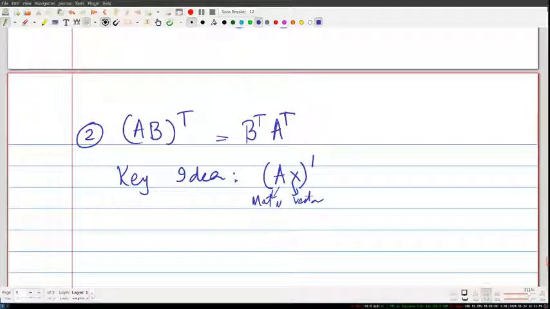Then the transpose of this matrix vector multiplication is simply X transpose A transpose, right?